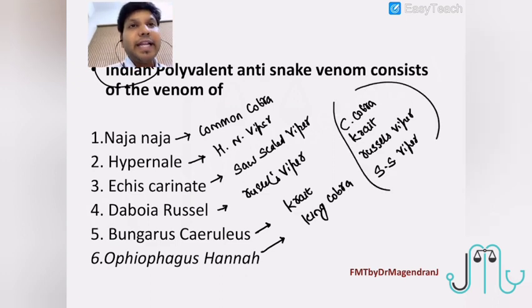So the Indian anti-snake venom will be neutralizing the venom of these 4 snakes. And you should also remember that the Indian anti-snake venom is not effective in king cobra. We can use only neostigmine as the symptomatic measure. The king cobra venom will not respond to our Indian polyvalent anti-snake venom. Just remember 4 snakes: common cobra, krait, Russell's viper, saw-scaled viper.